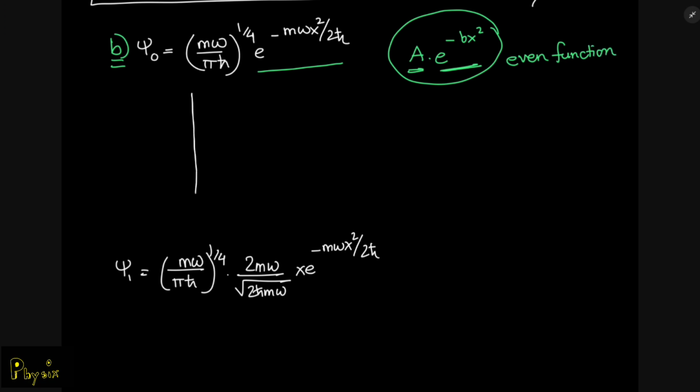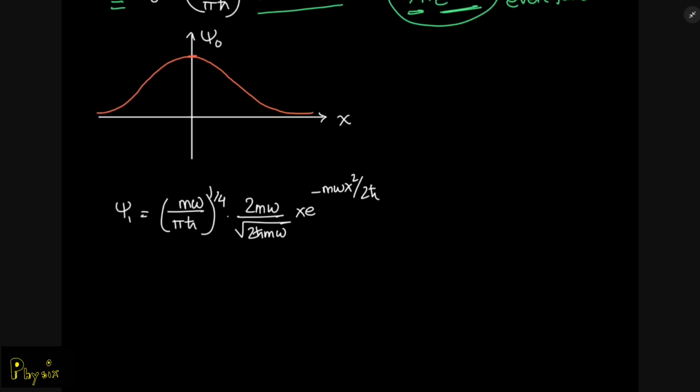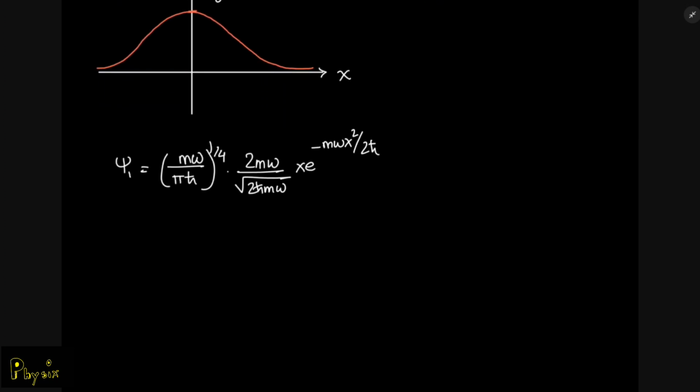When you sketch your even function, with x on the x-axis and ψ₀ on the y-axis, it has an approximate figure that looks like this. So this is your ψ₀, and this is an even function.